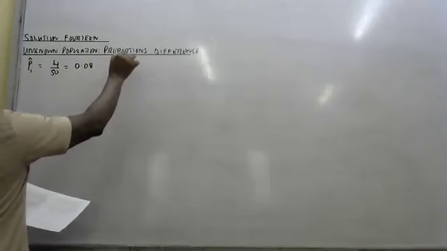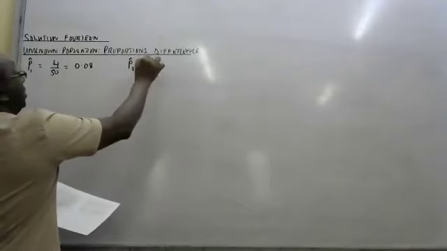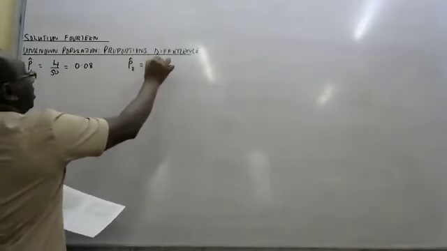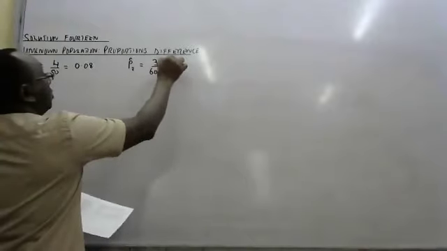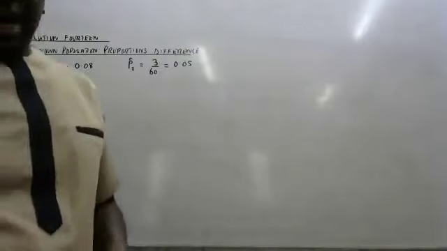Then in the second sample, they found 3 in a total of 60. If you divide that, unapata 0.05. So that is how you compute.